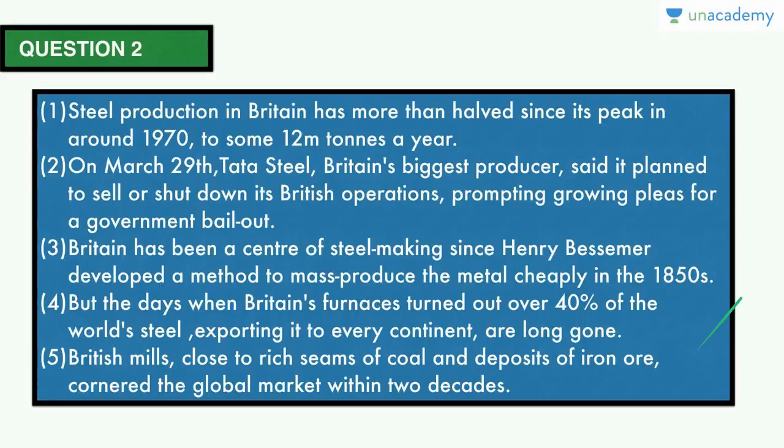Okay, so this sentence is talking about some growth, and sentence 4 is talking about a sharp decline. Sentence 3 is clearly the opening sentence. Sentence 2 is telling about some recent development in the decline, and sentence 1 talks about decline, halved since its peak.